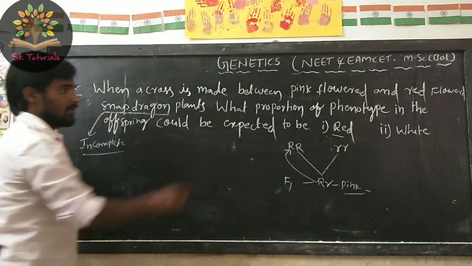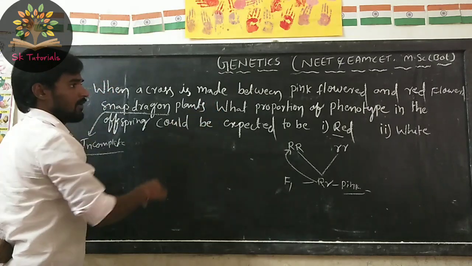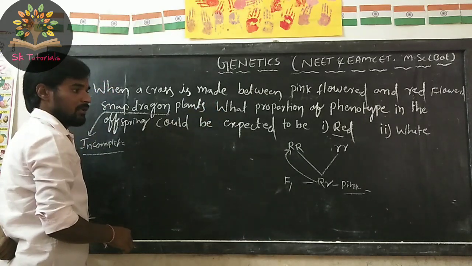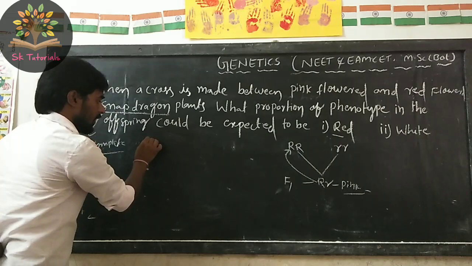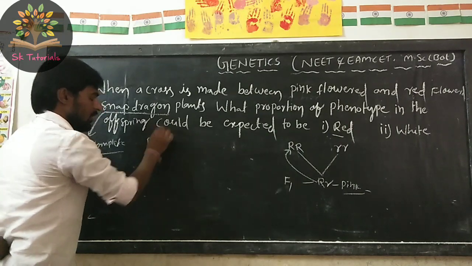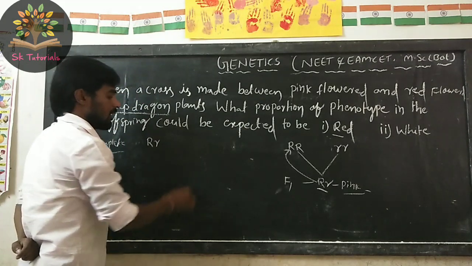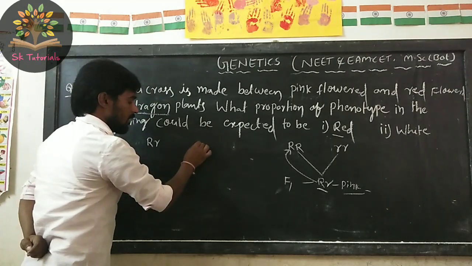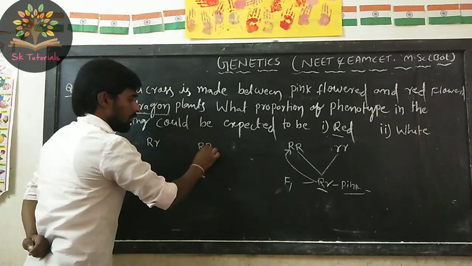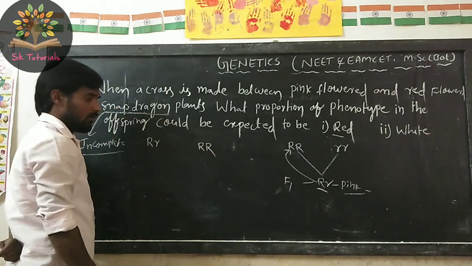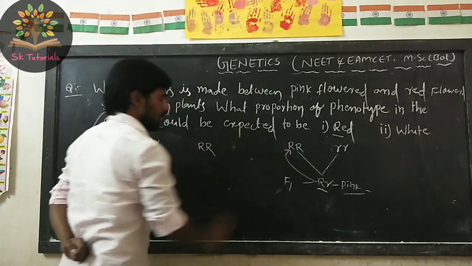So, what is the pink flowered plant symbol? Capital R, small r. This is the pink. Then red color, capital R, capital R. This is the red color.